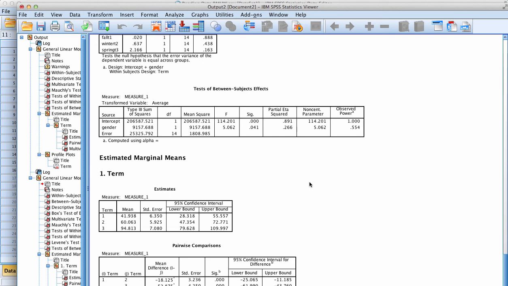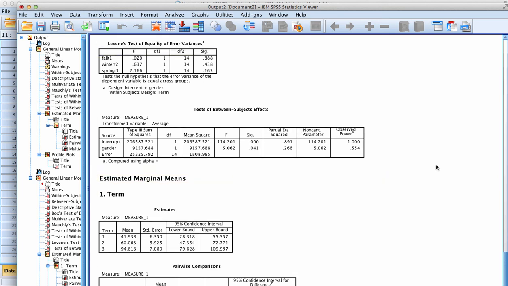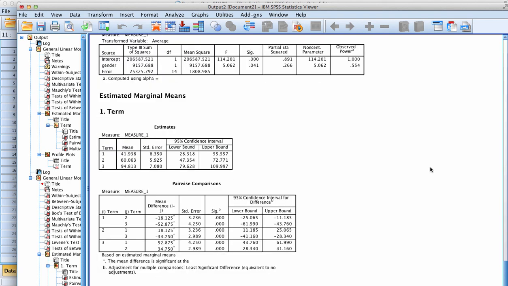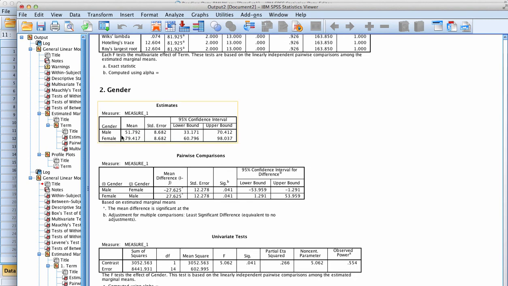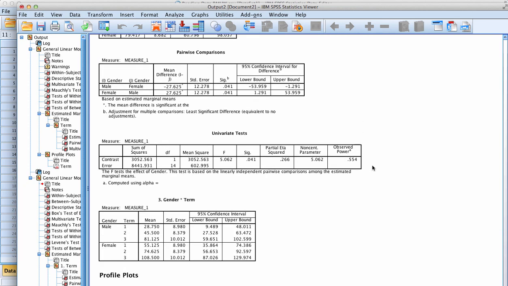So what it's telling us is that overall there is a difference between males and females across all 3 grading periods. So if we look here, this is the mean for males, this is the mean for females, and so we can see that females are scoring significantly higher than males across the 3 terms on average in number of words read correctly per minute, or reading rates.